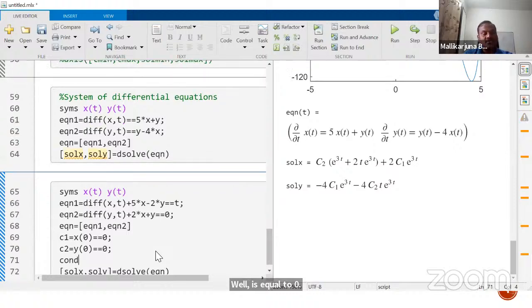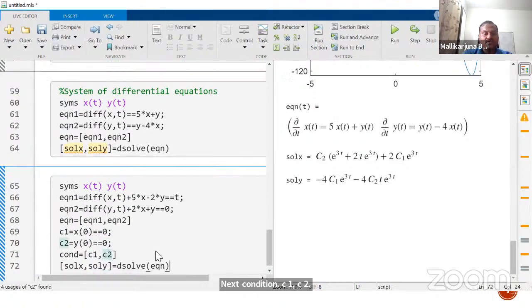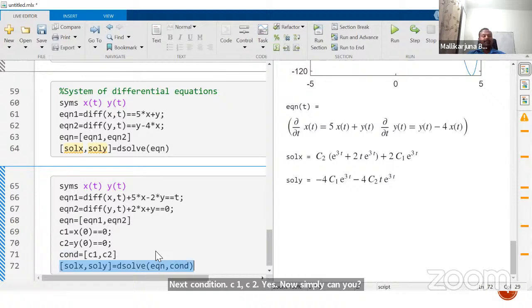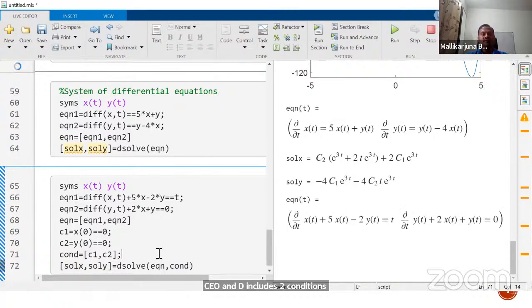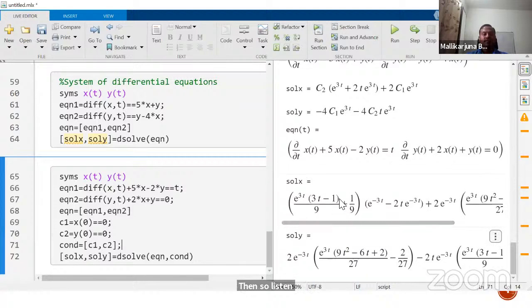Next, conditions C1, C2. Now simply you can give the conditions. This is because EQN includes the two equations, and the conditions include two conditions. Then solution x and solution y.